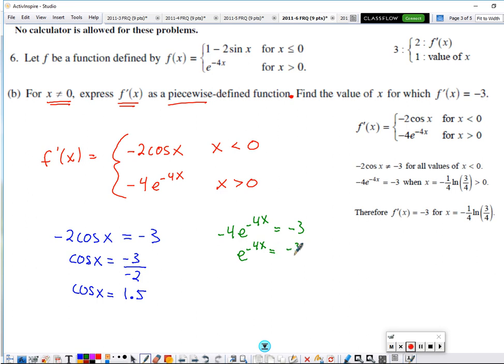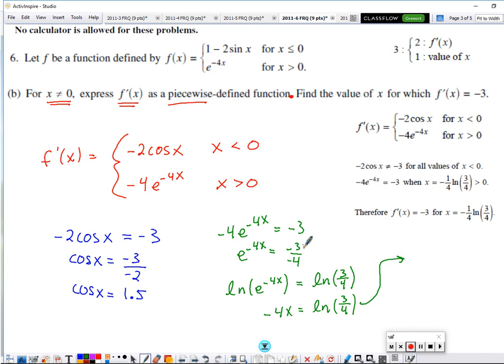This would be -3/4. So now to solve that, I take the natural log of both sides. So now I have -4x equal to natural log of 3/4.